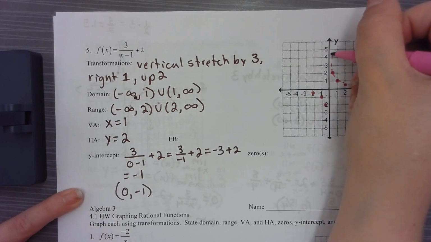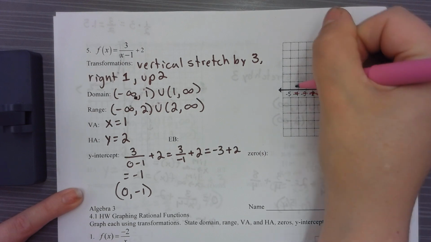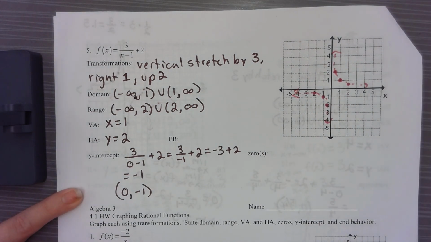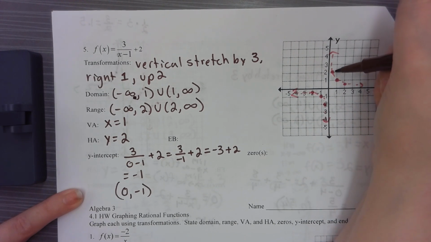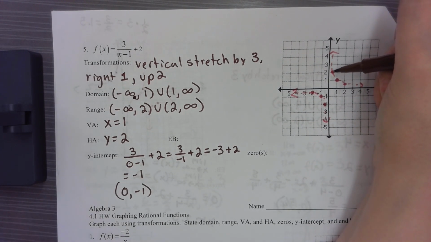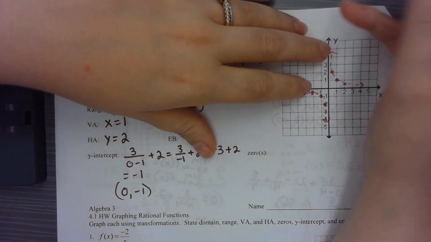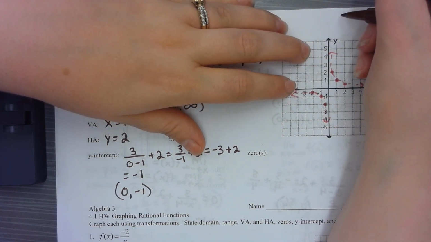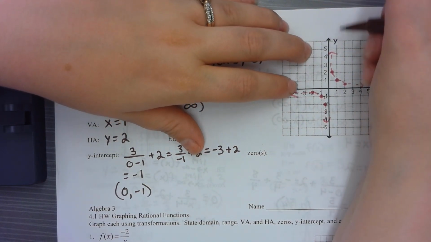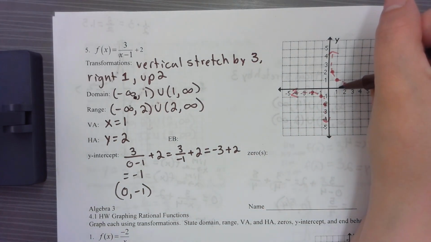So (1/2, 2) is going to be tripled, so it would become (1/2, 6). Then that's going to go right 1 and up 2, and it's going to end up off of our graph. So we don't have to plot it if it ends up off of our graph. You can, but it's not a requirement. So I'm just going to move on to the next point.